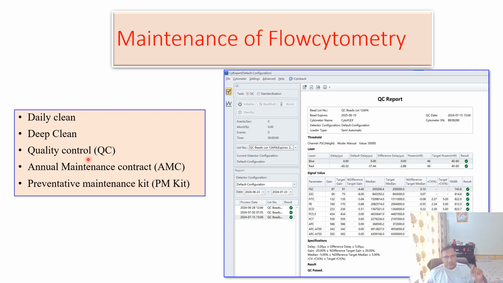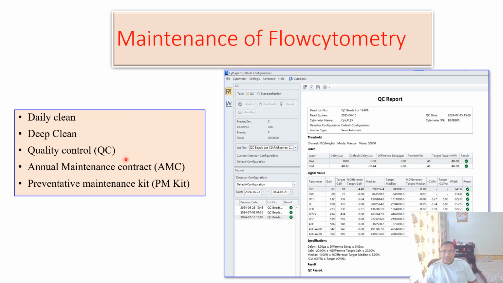So before you run the sample, there is quality control beads, called QC beads. You have to run QC beads. Instead of cells, we run beads that have a predetermined number of cells, so we can detect whether all the filters are working properly.